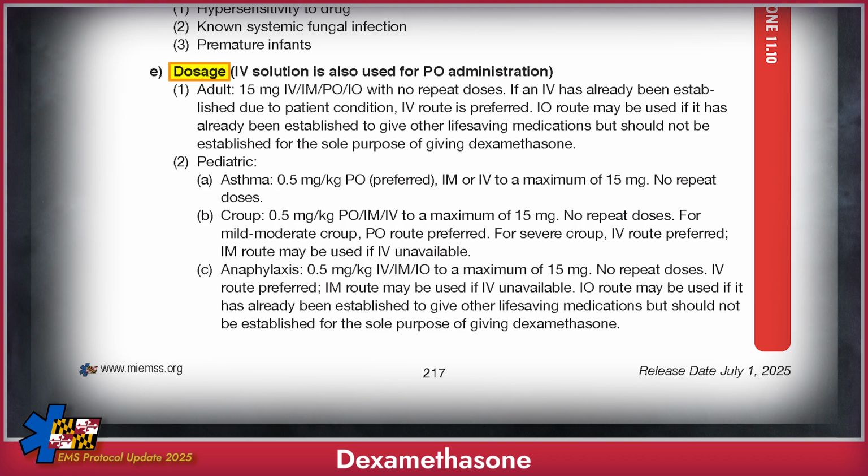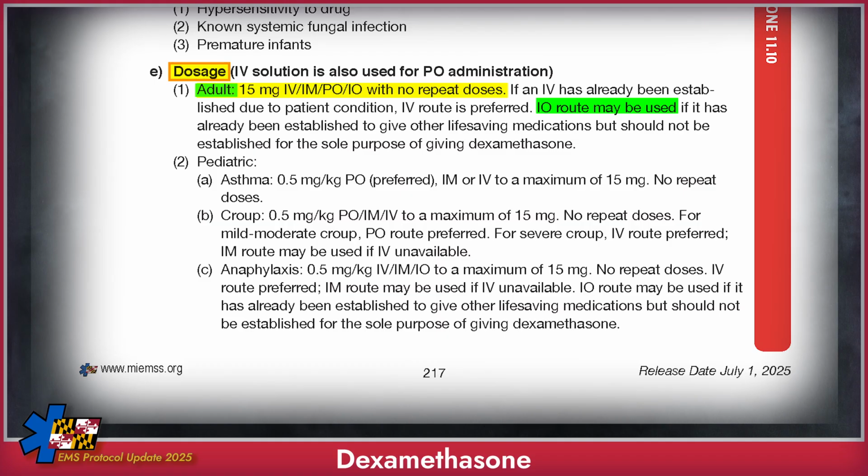For all indications, adult dosage is now 15 milligrams IV, IM, PO, or IO with no repeat doses. If an IV has already been established due to the patient's condition, the IV route of administration is preferred. Dexamethasone may also be given by the IO route if the IO has already been established to give other life-saving medications.